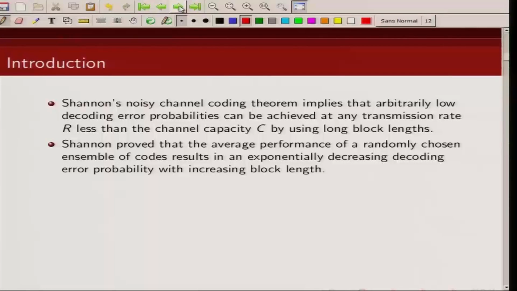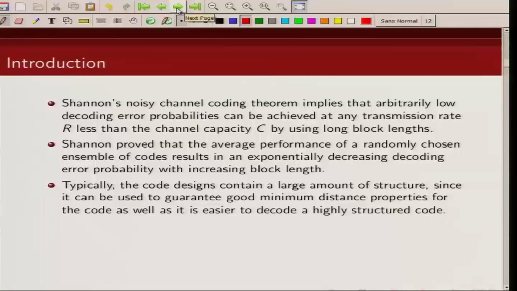Now, people from 1948 onwards were trying to design codes close to channel capacity, and the problem was if you design a very random-like code which does not have any decoding structure, then the decoding complexity is very large. However, if you put a lot of structure into the code, then it is not really random-like and its performance is not very good.